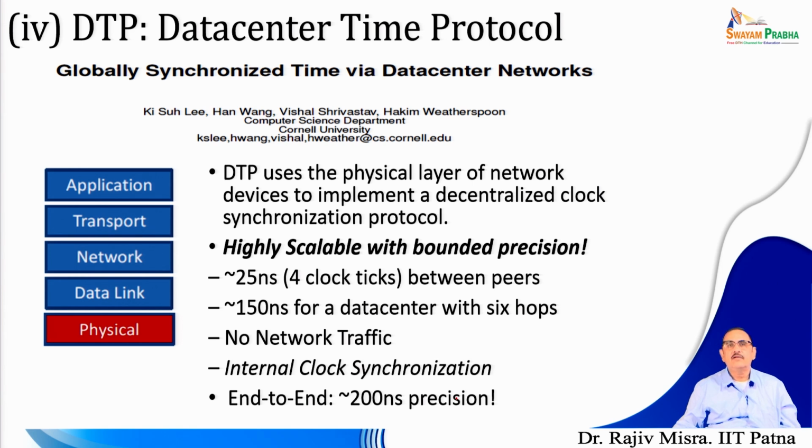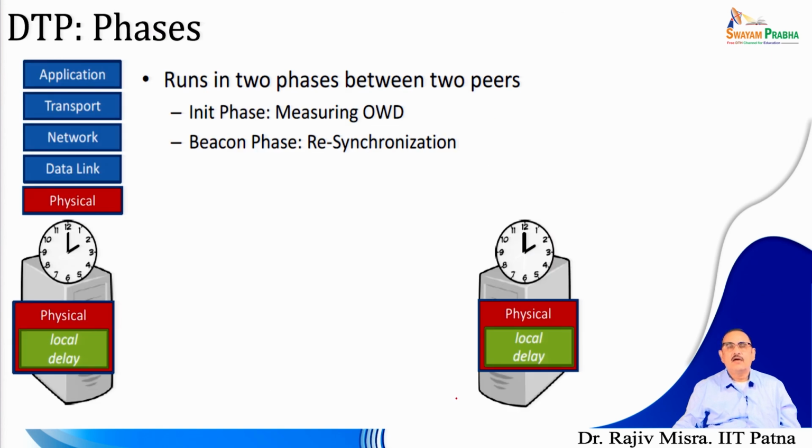It is highly scalable with a bounded precision, and it assumes how many hops your data center is away, and what the latency is between them, and between the peers it also considers that bounded precision. Here we assume that there is no network traffic and internal clock synchronization is only possible here, end to end precision is of the order of 200 nanoseconds.